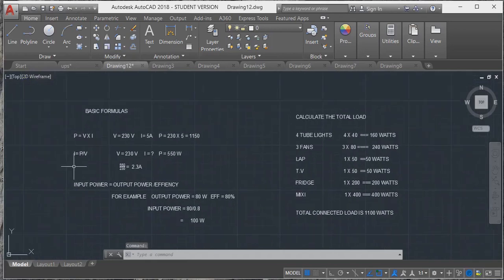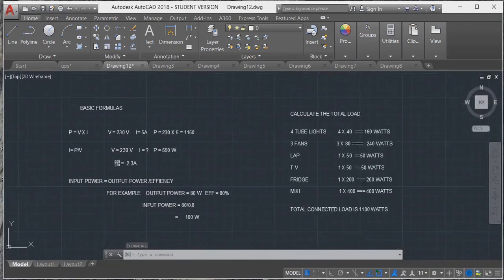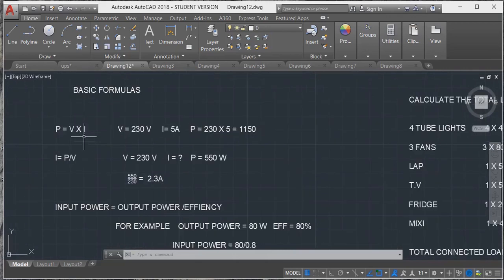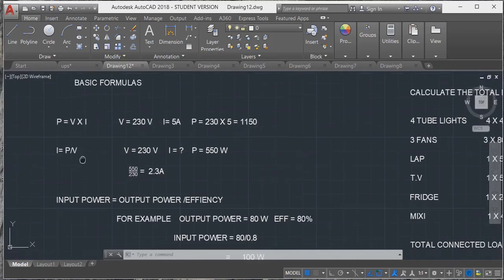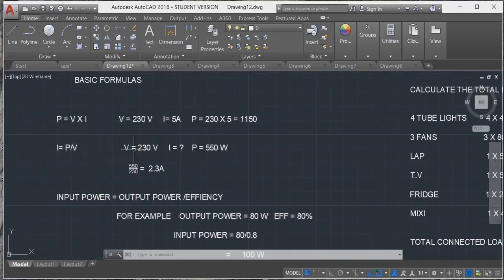Basic formulas: P equal to V into I. For single phase, V equal to 230 volts, I equal to 5 amperes, so P equal to 230 multiplied by 5 equal to 1150 watts. Also I equal to P by V. Voltage is 230, I is not given, P equal to 550 watts.